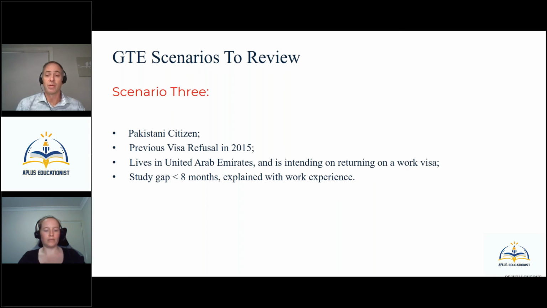Firstly, they were living in a third country with no guarantee of employment upon return to that country. This student was also not wanting to return home, and they were very forthcoming in advising us of that. They did just want to return to the UAE, and there was the history of the visa refusal, but noting that the visa refusal wasn't the specific reason it was rejected. In this particular case, there were a number of points that added up to us not being comfortable to clear the GTE condition.